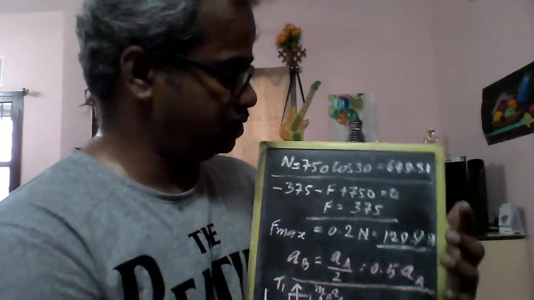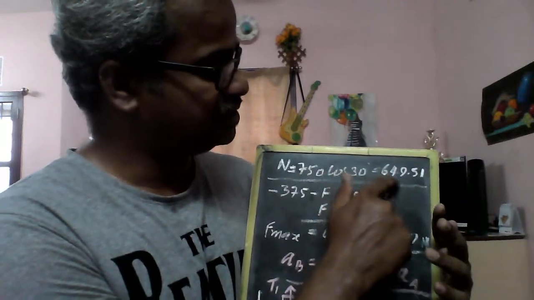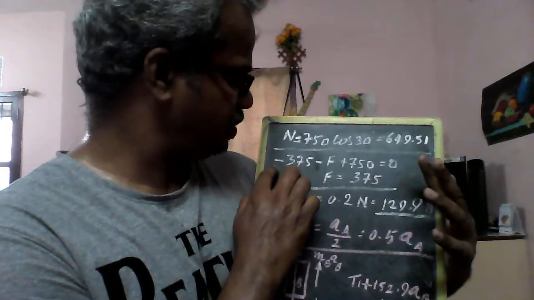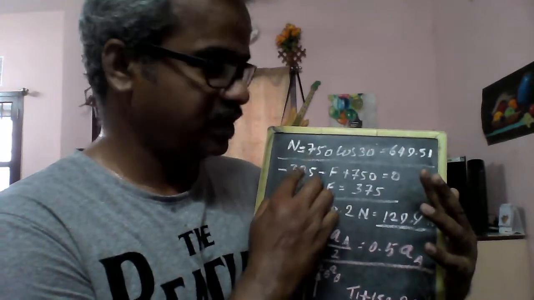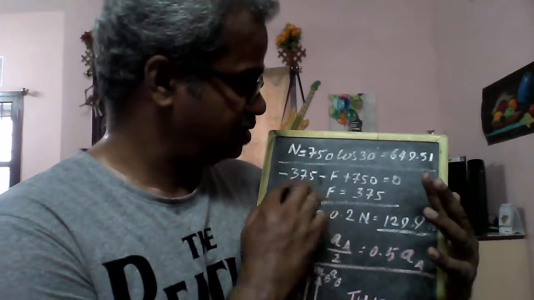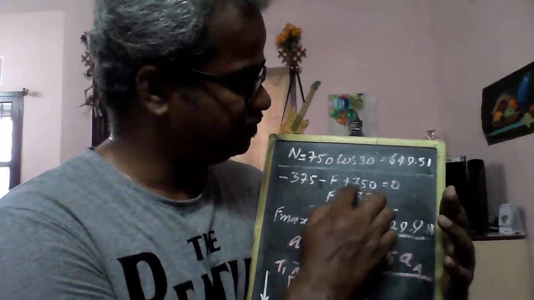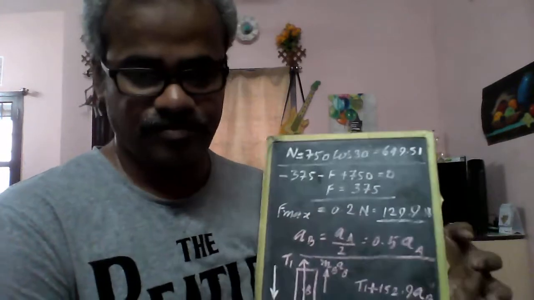You have two equations. First equation, N is equal to 750 cos 30, it is 649.51 Newtons, and the second equation is 750 minus 750 sine 30 minus F friction equal to 0. So the frictional force will be 375.